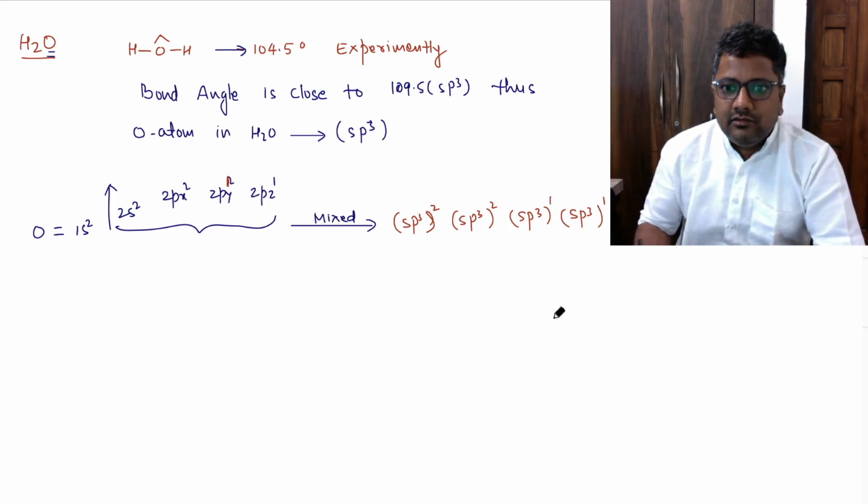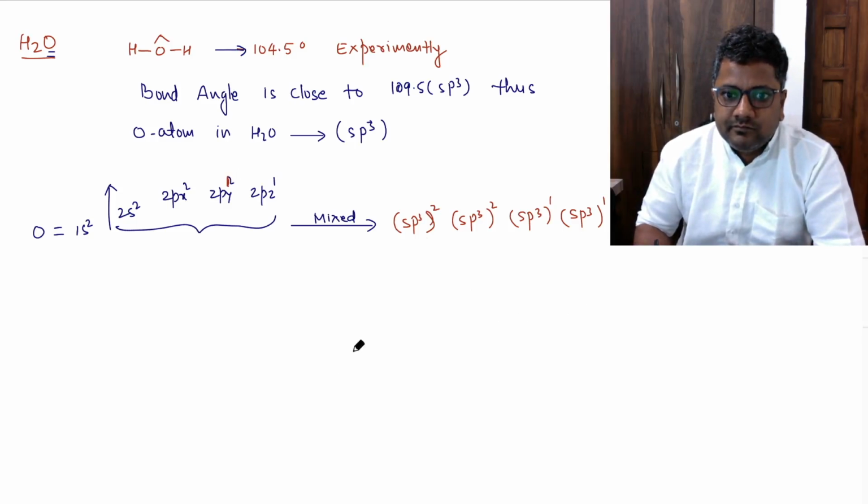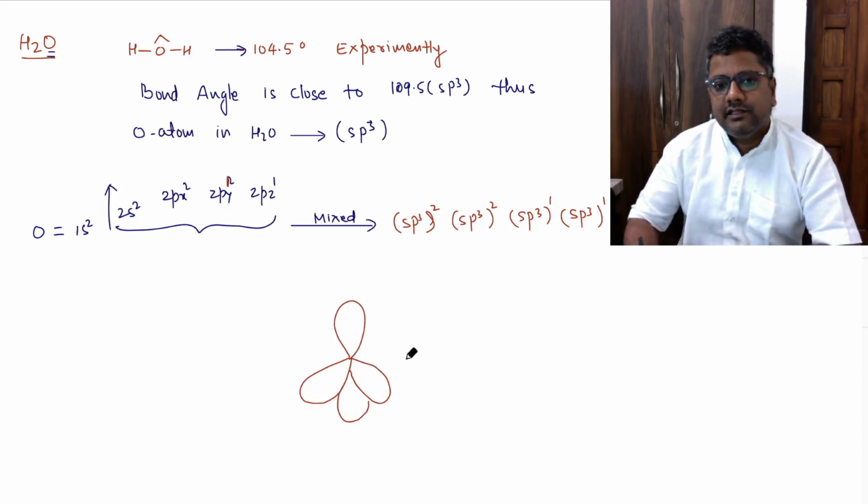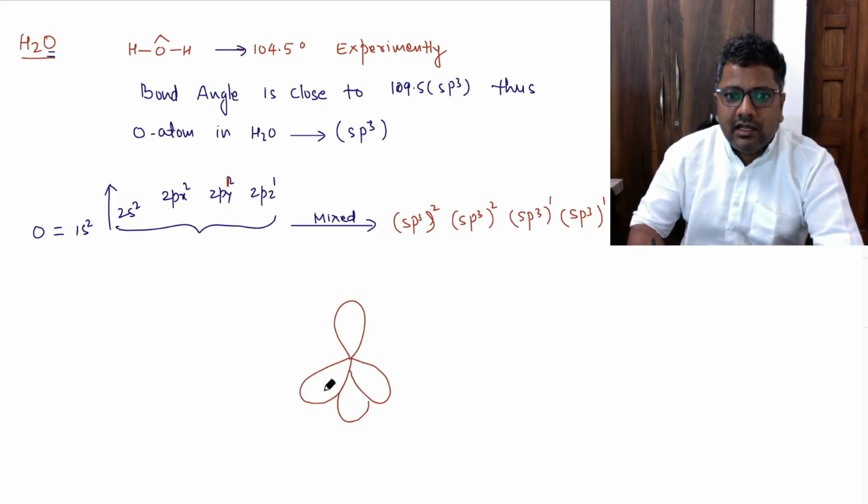So now 4 sp3 hybrid orbitals are there, like this, and all are equivalent, and all are adjacent to each other.